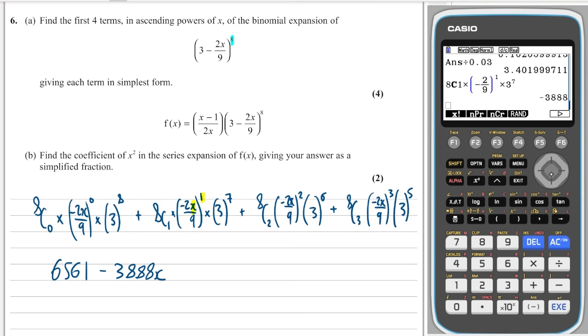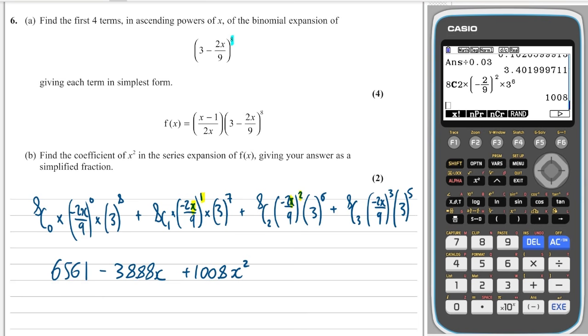And then we go up again and we change this one to a 6, this one to a 2, and this to a 2. And that will give me plus 1008, and this time we will have x squared. So that's x squared.